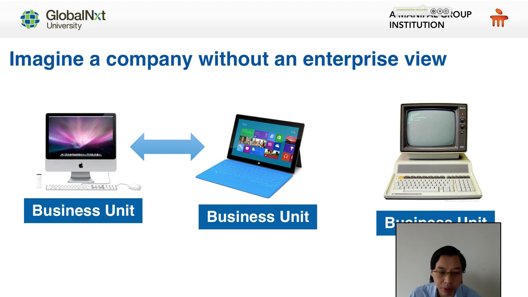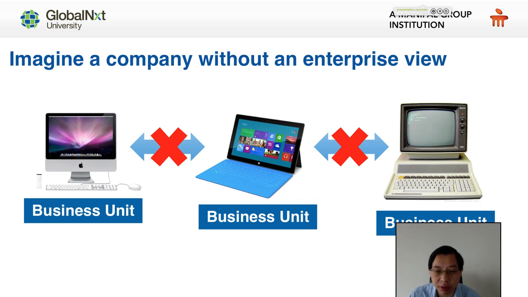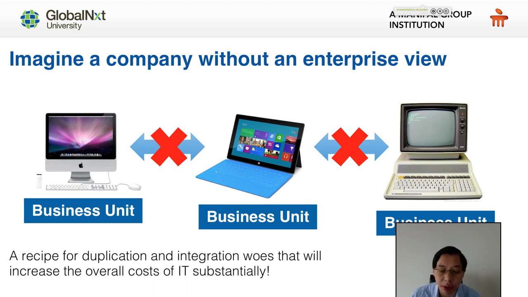So the problem happens when one business unit wants to connect with another business unit, and they find that because their email applications are so different, there's a lot of incompatibility. The same thing happens between the other two business units. We find that there's incompatibility because all these individual business units have made independent, autonomous decisions about their own systems and applications, and as a consequence, things can't really integrate.